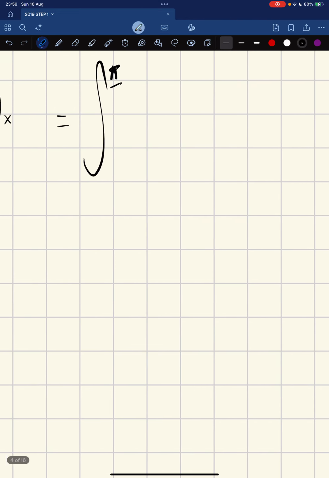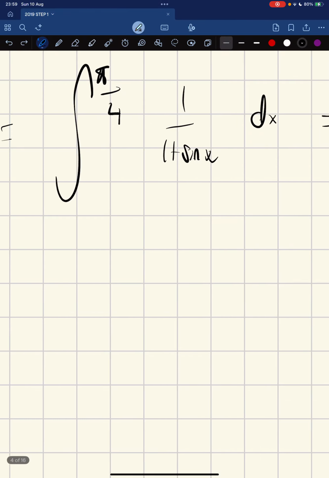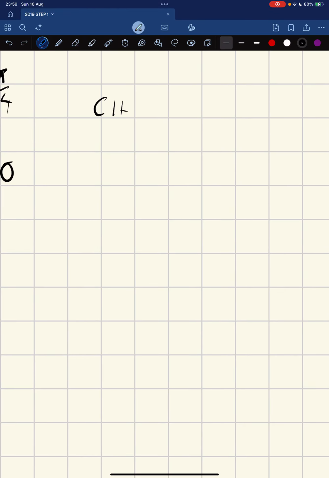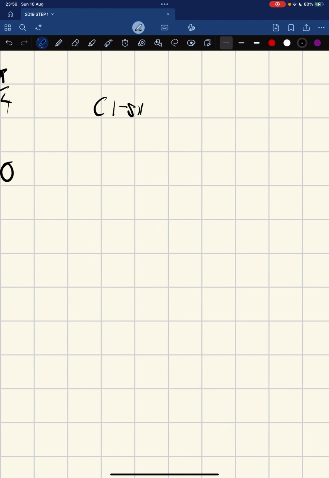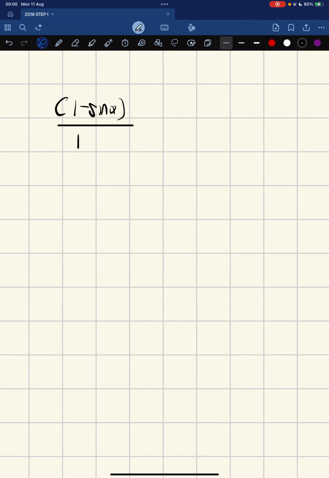That's a difference of two squares, so we get 1 minus sine squared of x dx.